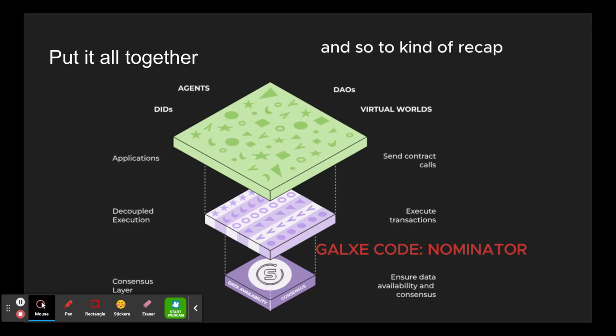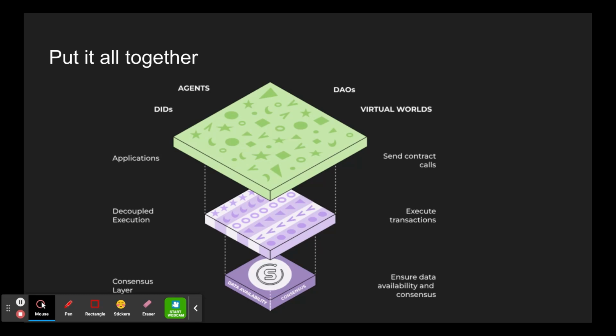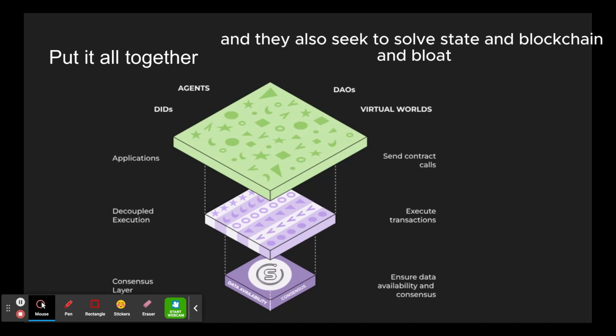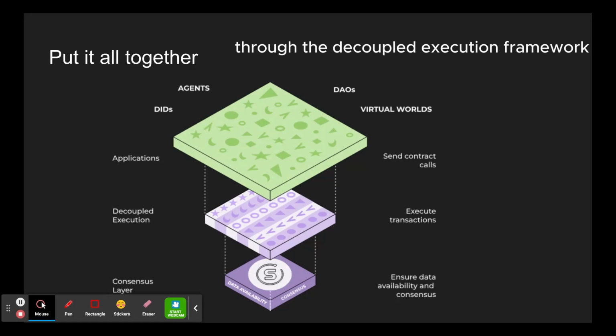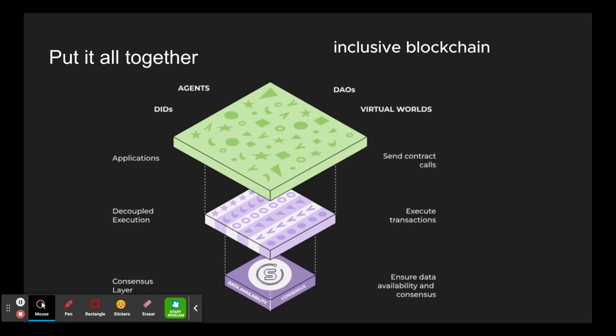To recap, Subspace aims to solve the farmer's dilemma through proof of archival storage, also called the Lithium, and also seeks to solve state and blockchain bloat through the decoupled execution framework with operators and nominators. All these solutions allow for the extremely scalable and inclusive blockchain that is Subspace.